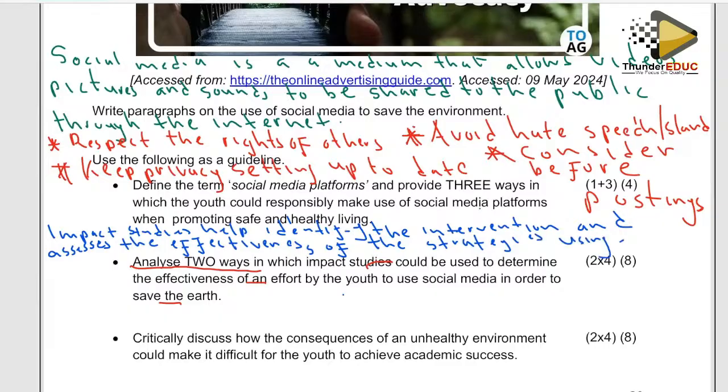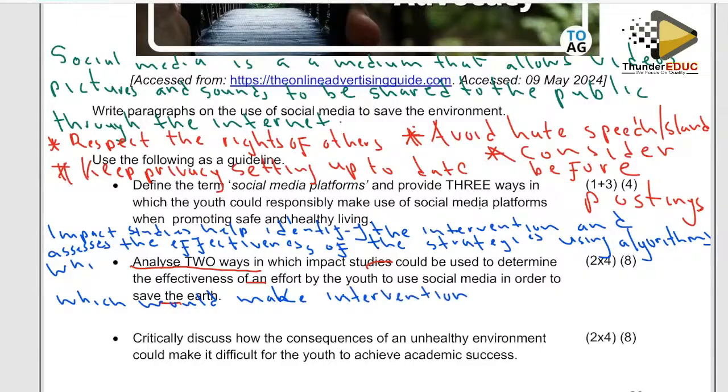Using algorithms would then make interventions more effective. This would make interventions more effective.